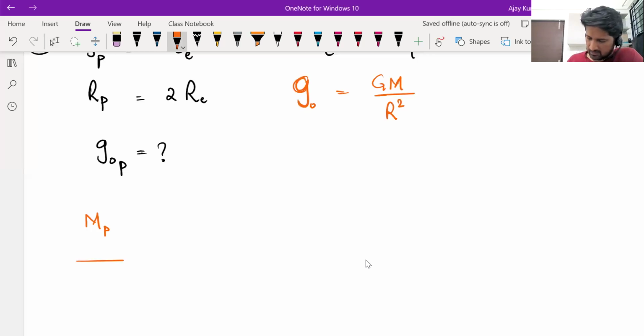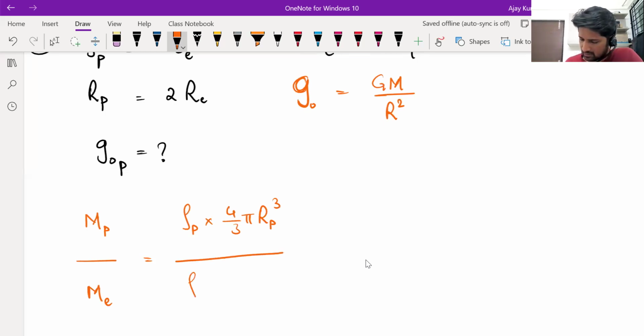Mass of planet divided by mass of Earth would be, since mass is density into volume, density of planet into volume of planet. Planet is a solid sphere. What's the volume of a sphere? 4 by 3 pi r cube. That's how we express the volume of a sphere. Divided by density of Earth into volume of Earth, which is also given by the same formula.